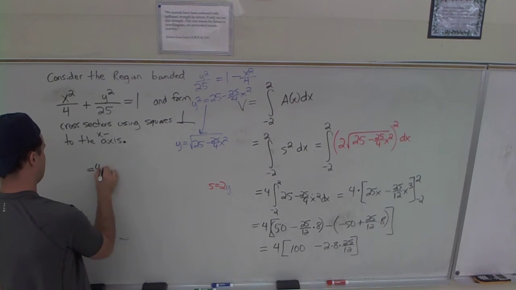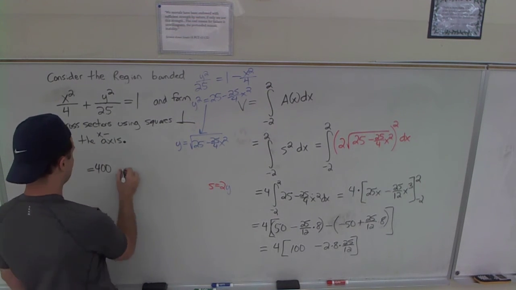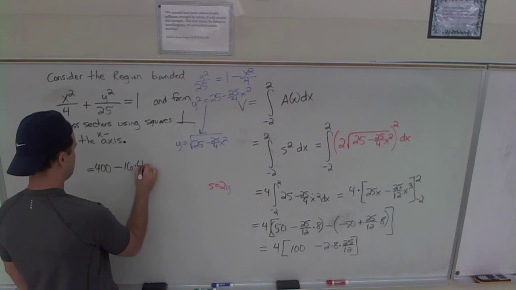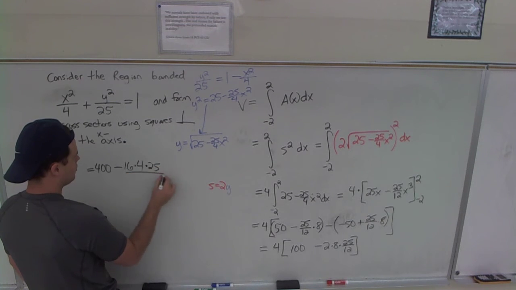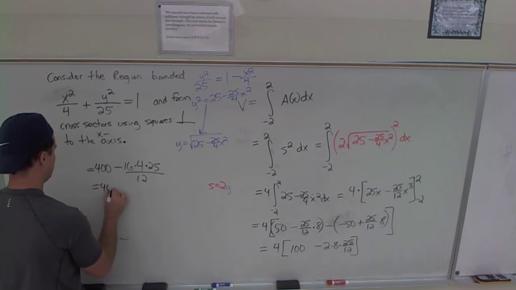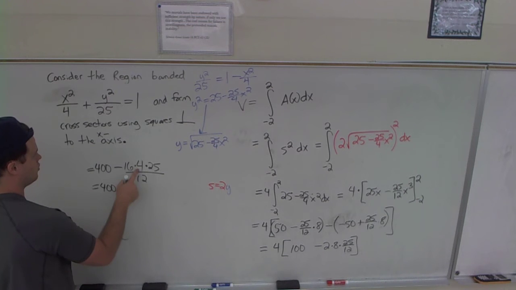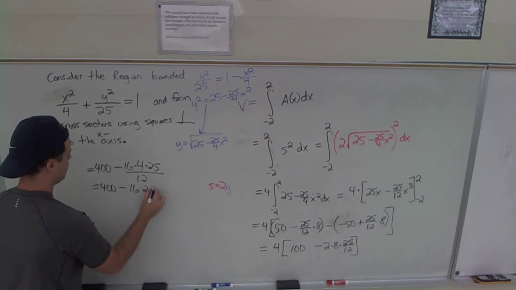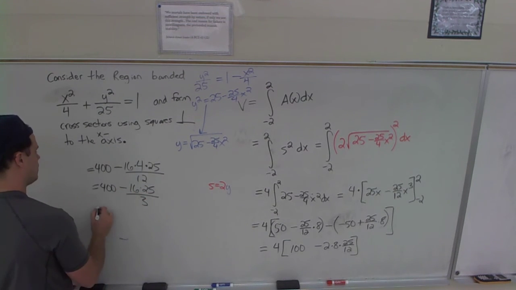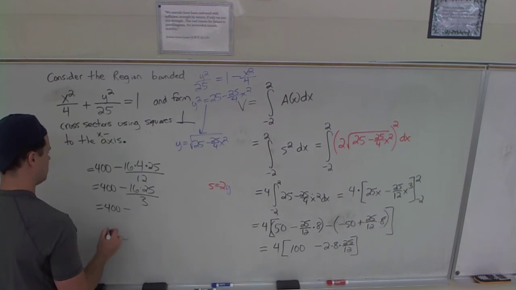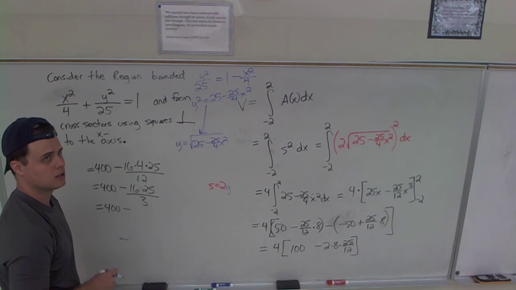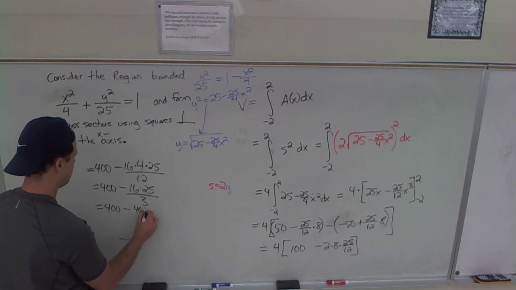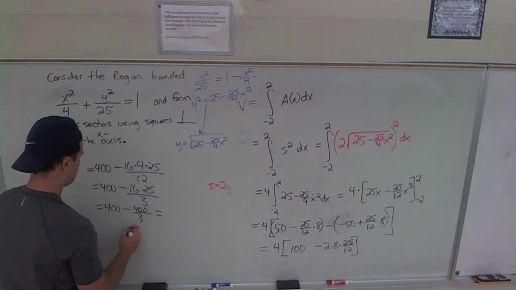So we've got 400. I'm just going to distribute that 4, minus 16. I have a 25 there, and I have a 12 on the bottom, so 4/12 is 1/3, so it's going to be 400 minus 16 times 25, that's like 4 times 25 is 100, so that's 400/3.